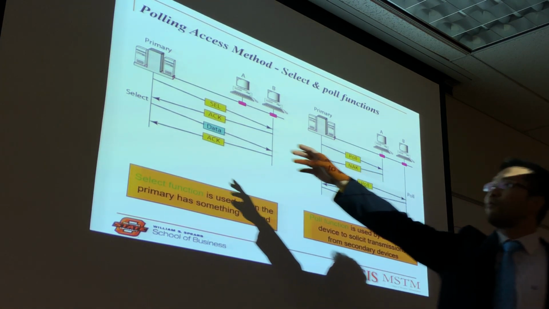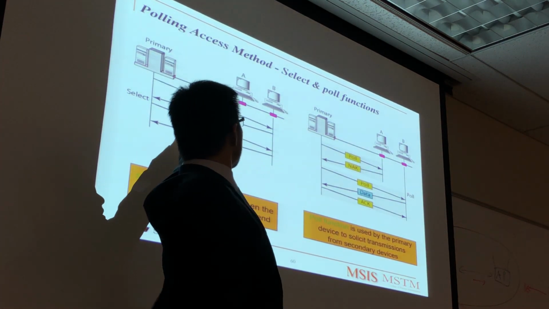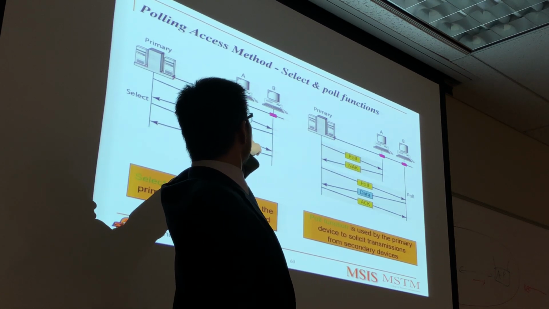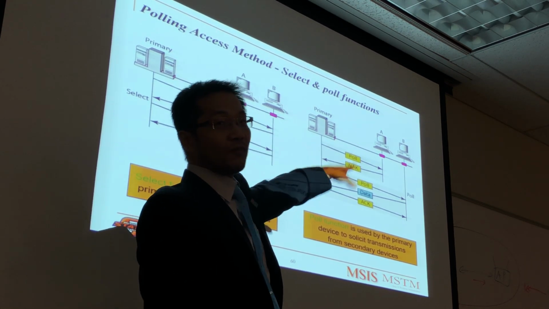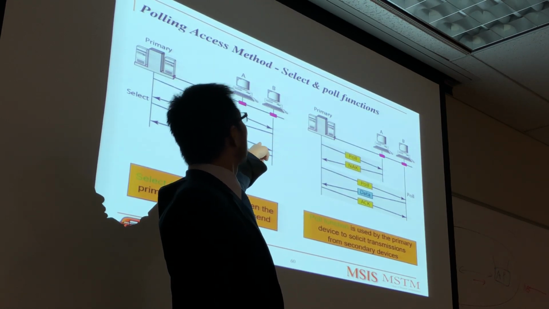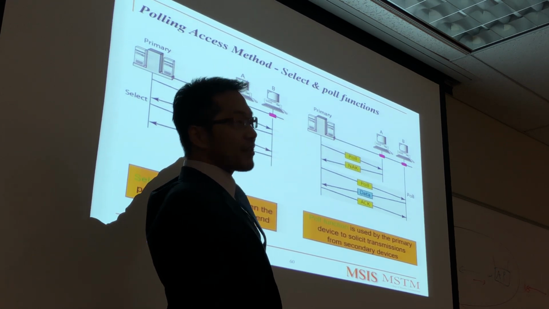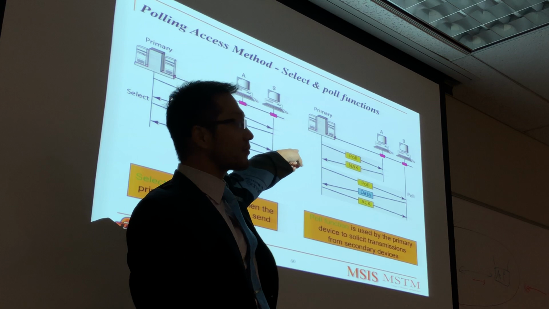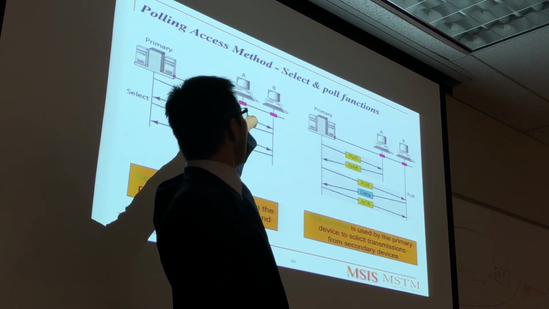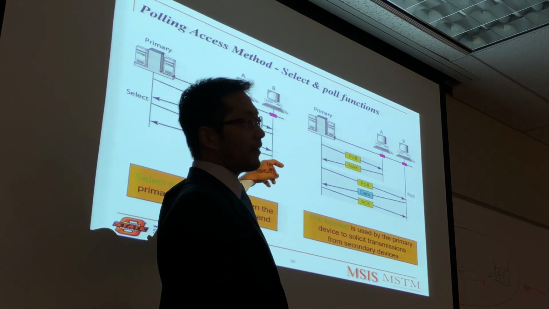So if the primary has something to transmit, it just sends a selection frame to the receiver and says, I'm going to send some data to you. Then the secondary will usually, unless there's some problem, come back with an acknowledgement, yes sir. And then you transmit, and then acknowledge. If it has something to send to A, it sends the selection to A and says, get this.